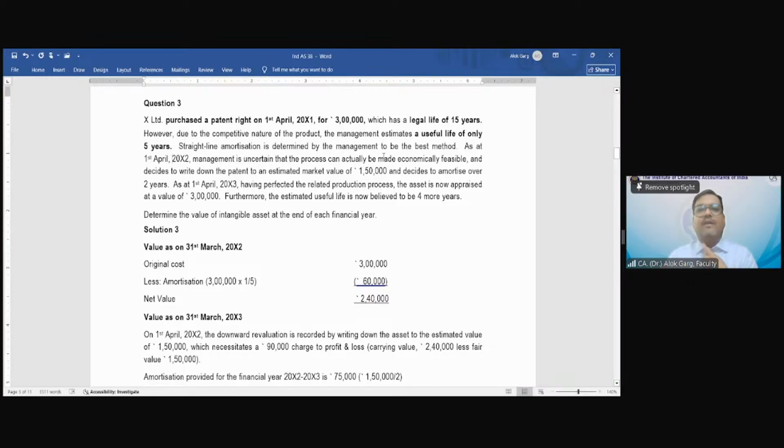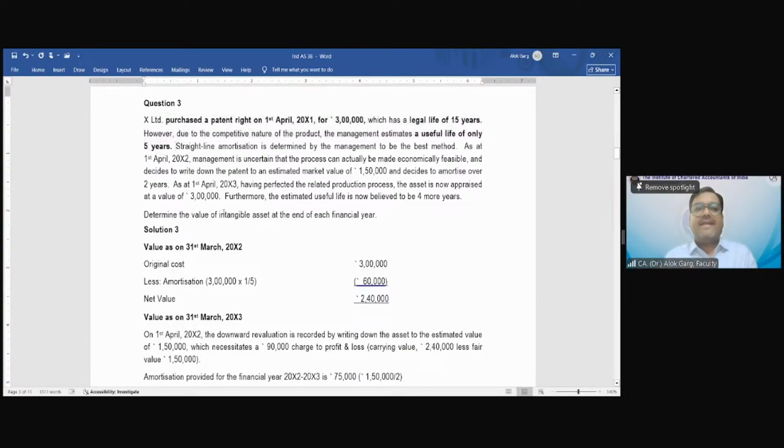From the examination perspective, if you are not aware of this concept, you may make a mistake. Out of 100% of students, probably 20-30% made a mistake and considered the life of 15 years. I'm not concluding, I'm just telling you by reading the first 2.5 lines.